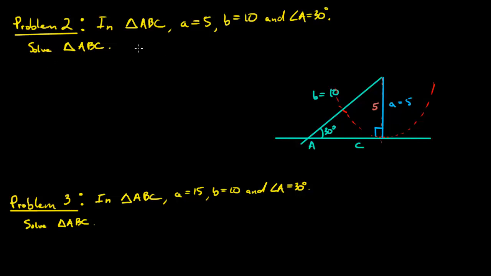So in this case only one triangle is possible. Only one triangle is possible. And the problem actually asks to solve triangle ABC. If we solve this, we can just use right angle geometry, because I know that this is a right angle triangle.